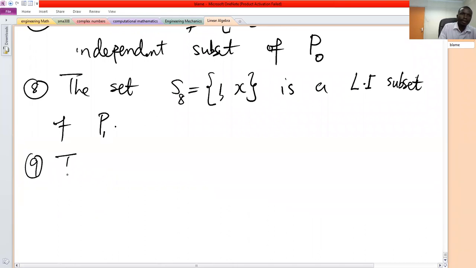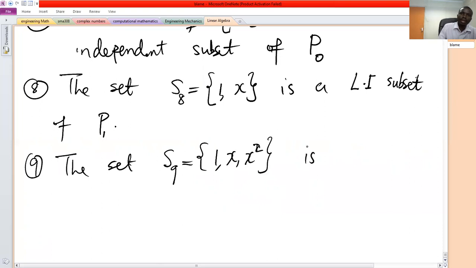Number 9, the set S9, which has 1, x, and x squared, is a linearly independent subset of P2, the set of all polynomials of degree less than or equal to 2.